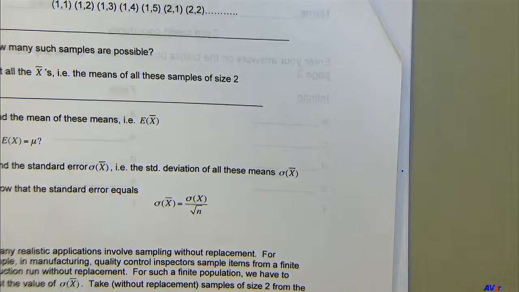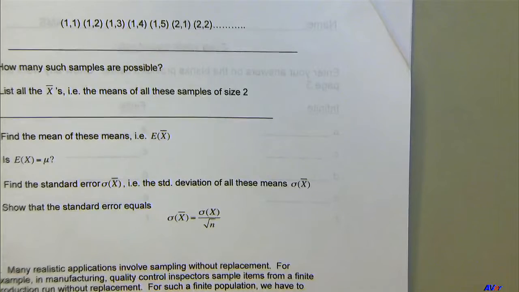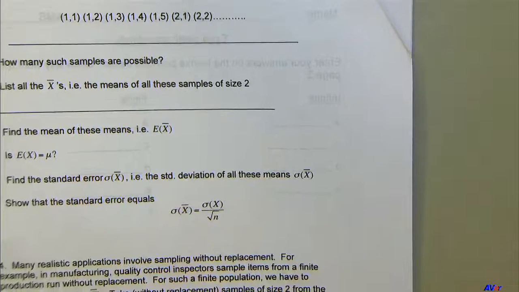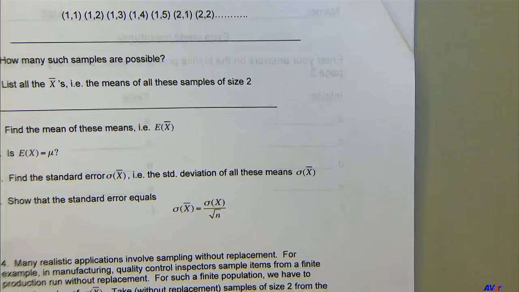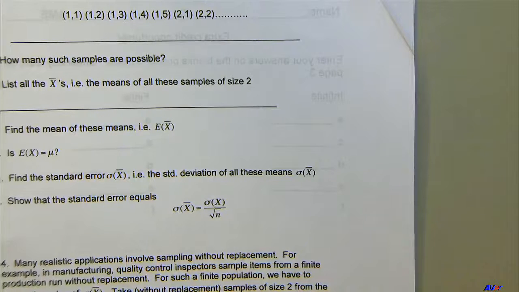So whether I do 1, 2, 2, 1, 1, 3, 3, 1, 1, 4, 4, 1, everything will have a double, and there will not be any 1, 1, 2, 2, 3, 3 that doesn't have a double. Do you understand what I'm saying? So in this one, you can choose to include all the doubles, only backwards, or exclude all the doubles. It won't matter to finding the mean and finding the standard deviation.